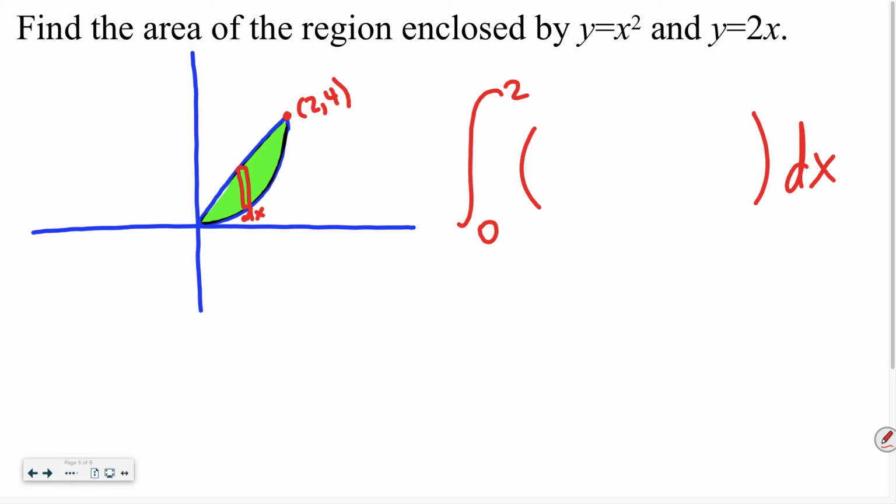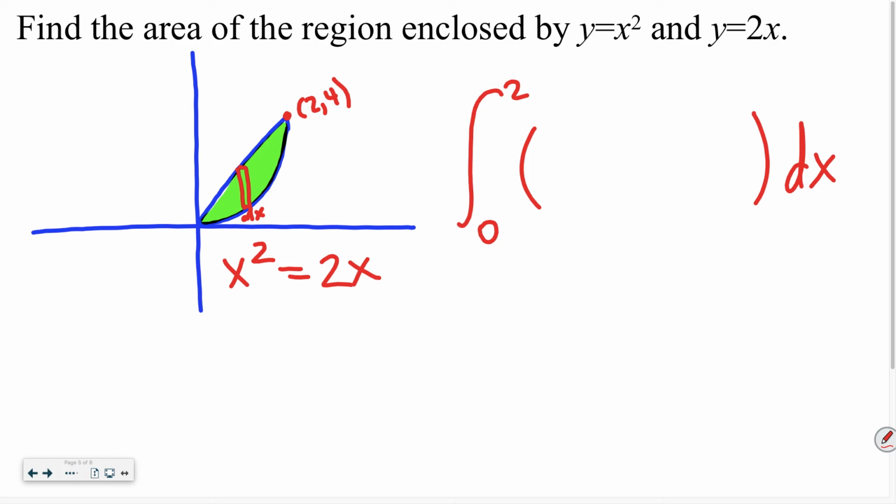How'd you come up with that, Max? When x is 2, you know, 2 squared is 4 and 2 times 2. So you wanted x squared to equal 2x. Okay, if we didn't have our calculator, you would need to be able to find this.